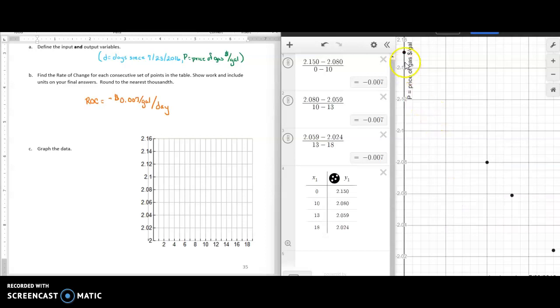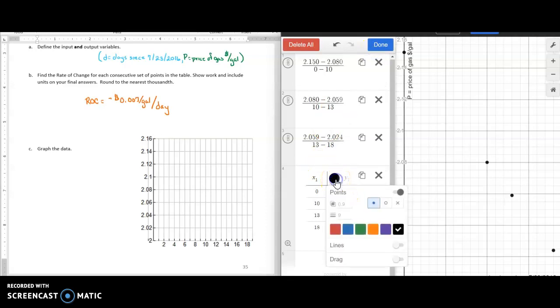What I'm noticing here is that my points appear to be all now falling in a line. So there's no up and down or jaggedness. So I'm going to edit this graph, and on my points right here, I want to connect those points, and I can see here that there is no jaggedness or anything.